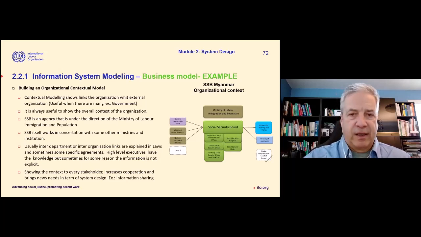In the situation of the Social Security Board, they are under the governance of the Ministry of Labor and Immigration, and they have links with other ministries and agencies, with some of which they are exchanging information, like the Ministry of Health. They also have other boards, like the Worker Compensation Court of Appeal. And inside the Social Security Board, you have all sorts of governance entities, which are folded under the Social Security Board box.